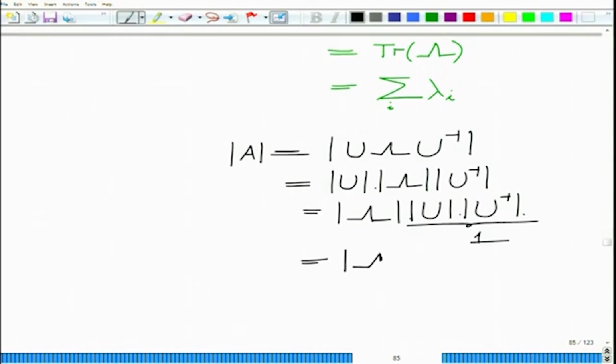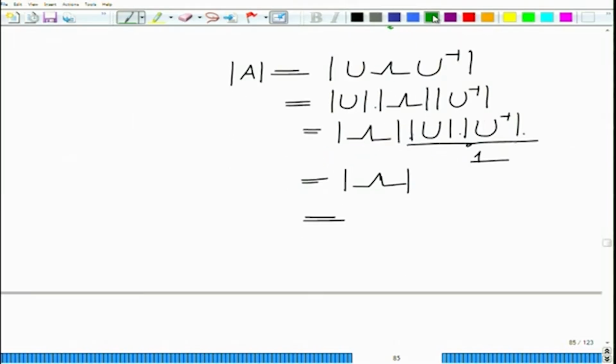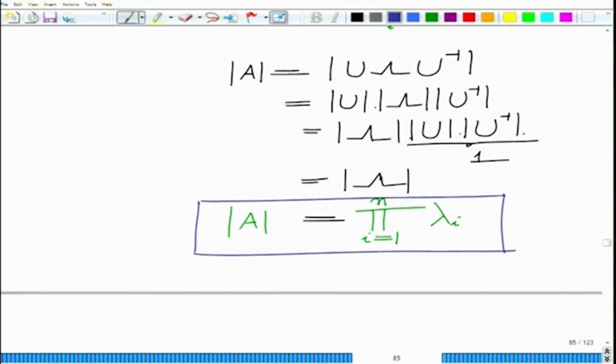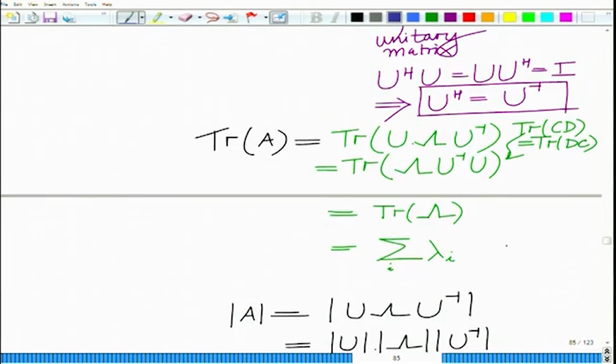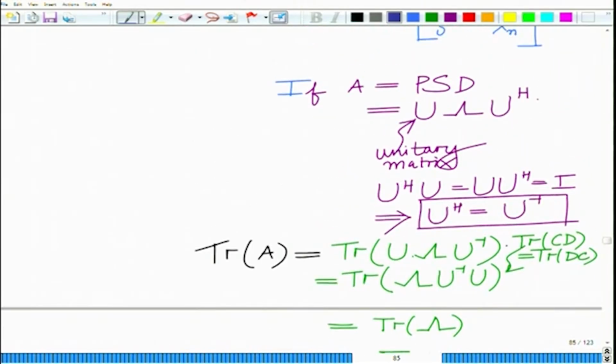Therefore, the determinant of U times the determinant of U inverse is 1. This implies that it equals the determinant of simply lambda, which is nothing but the product of the eigenvalues. And this is a very interesting property that is frequently used. So you can say the determinant of A equals the product of its eigenvalues, the product over i equals 1 to n of lambda i, and the trace is equal to the sum of its eigenvalues.